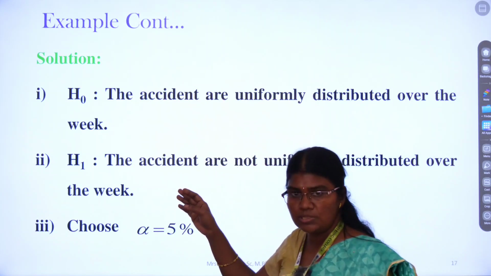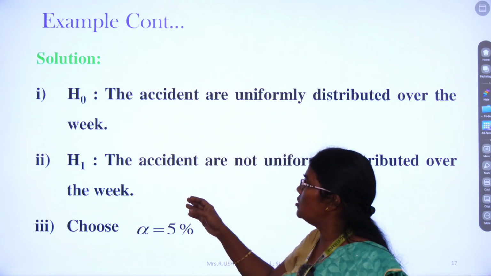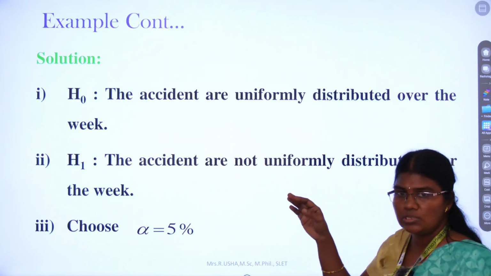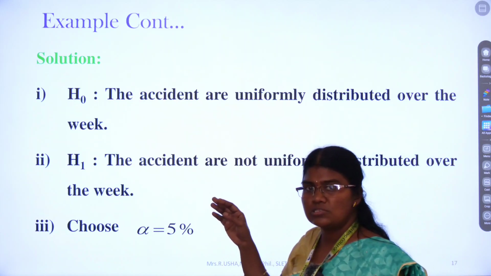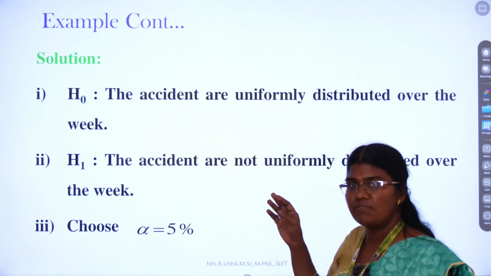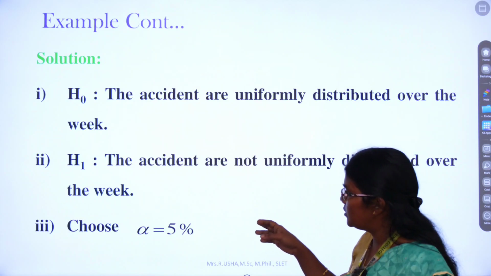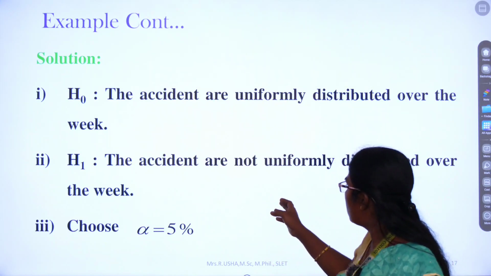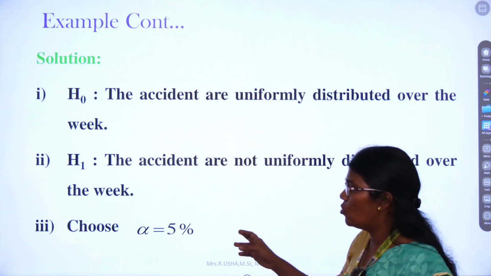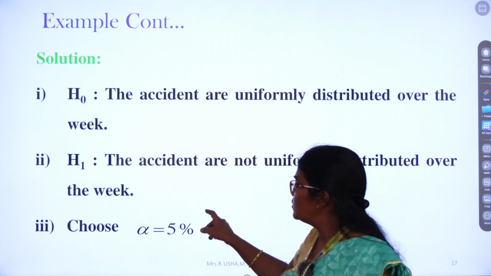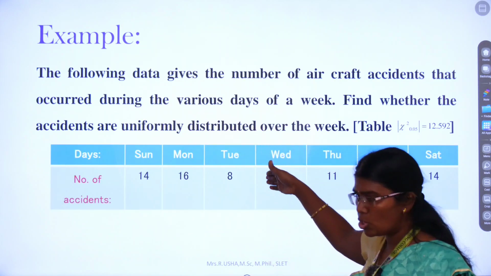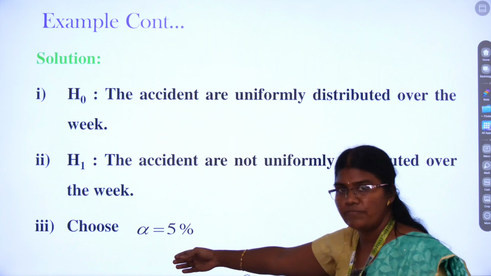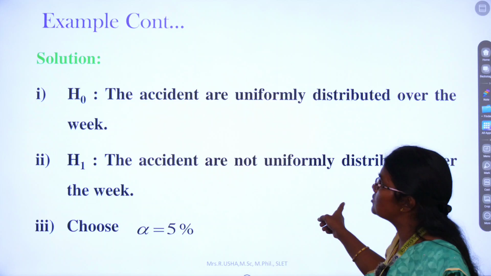Solution: first we set up the null hypothesis H0, that the accidents are uniformly distributed, that is evenly distributed over the week. And H1, the alternate hypothesis, is that the accidents are not uniformly distributed over the week. Here the significance level alpha is not given, so we choose alpha as 5%.